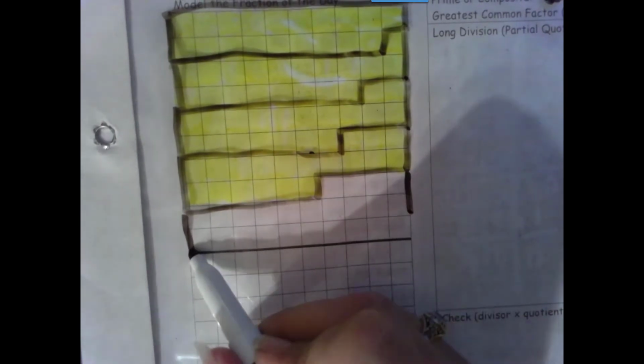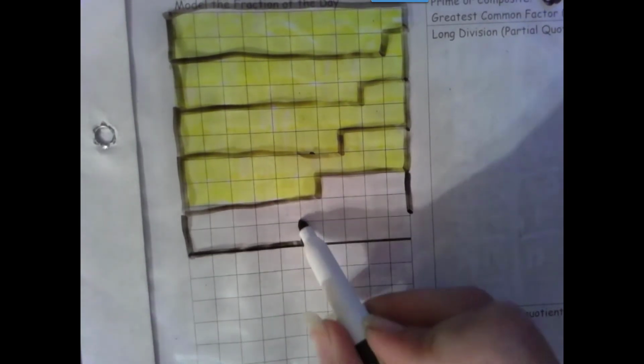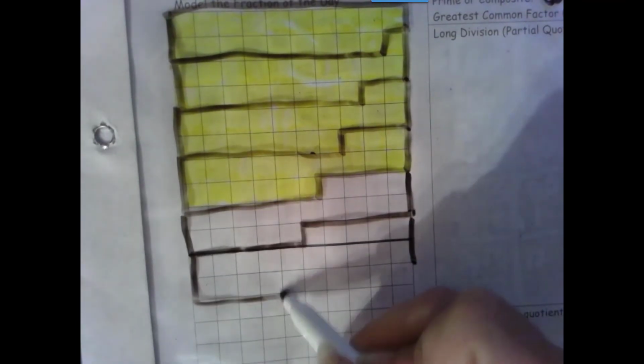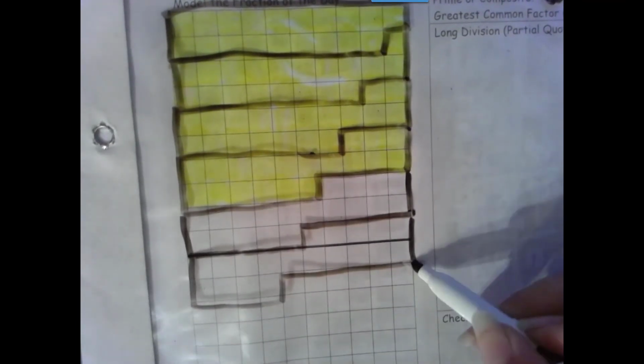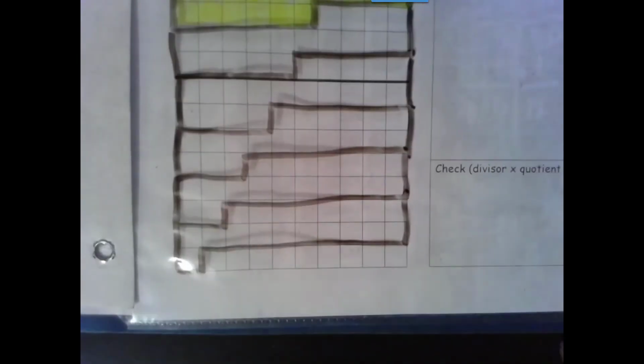So 14 plus 5. 15 plus 4. 16 plus 3. 17 plus 2. 18 plus 1. And I have 9 left over, so that means 19 didn't work.